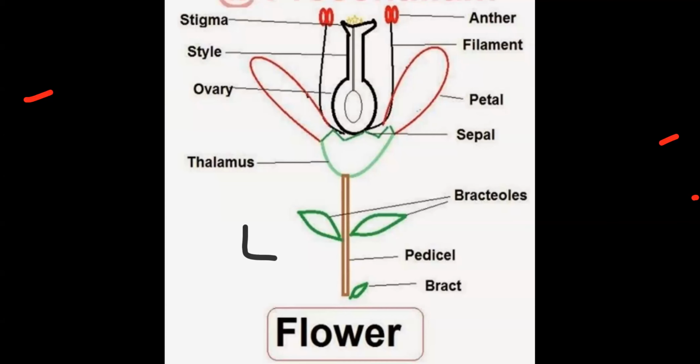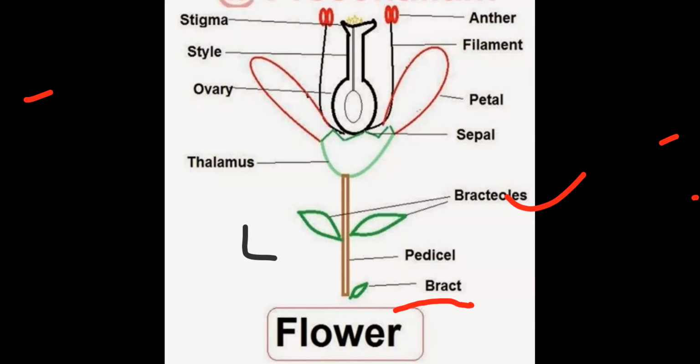Right? Can I say that all bracteate flowers are bracteolate? Yes, Galav, correct.